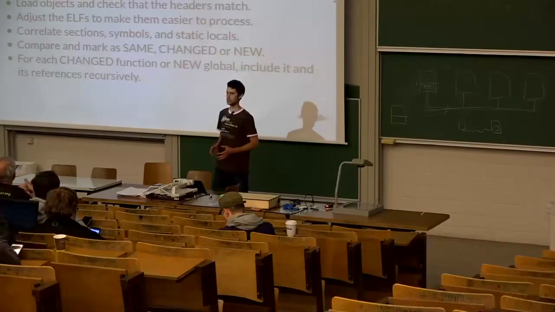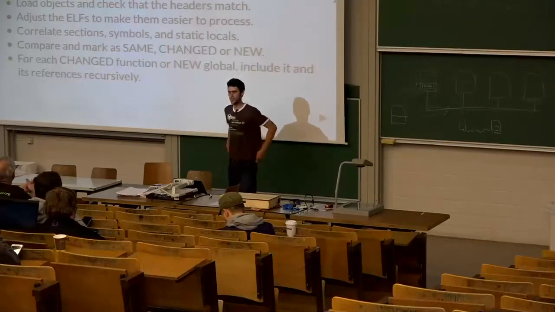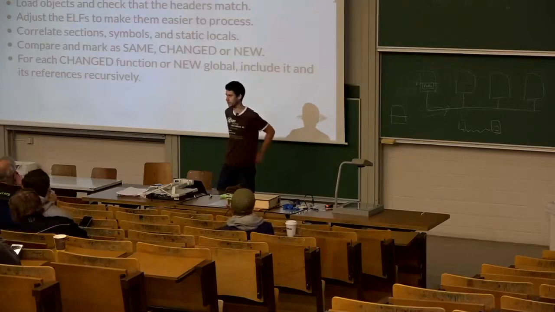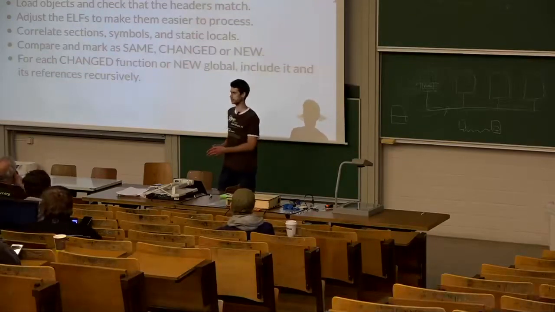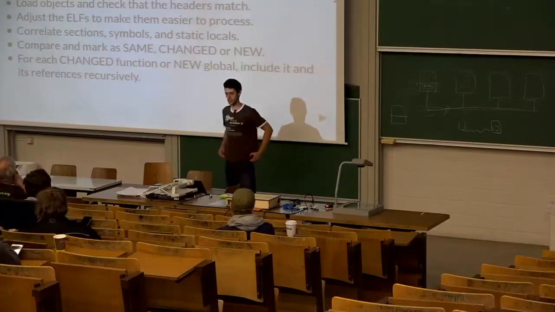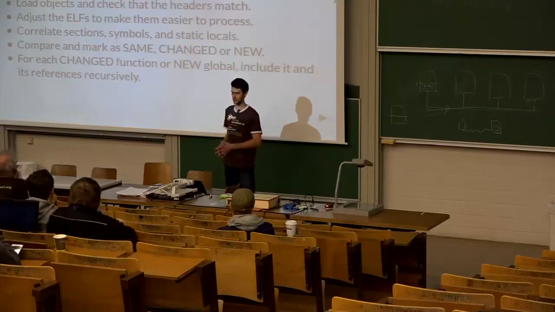The sections and symbols and functions are all then correlated between the two, so things with the same names are matched up into pairs. For each of these pairs, we just do a simple binary comparison to determine if they're the same, or if they're changed, or if they're new. And then each of those changed functions are marked as needing to be included, and we recursively include anything new or any changed function that they reference.